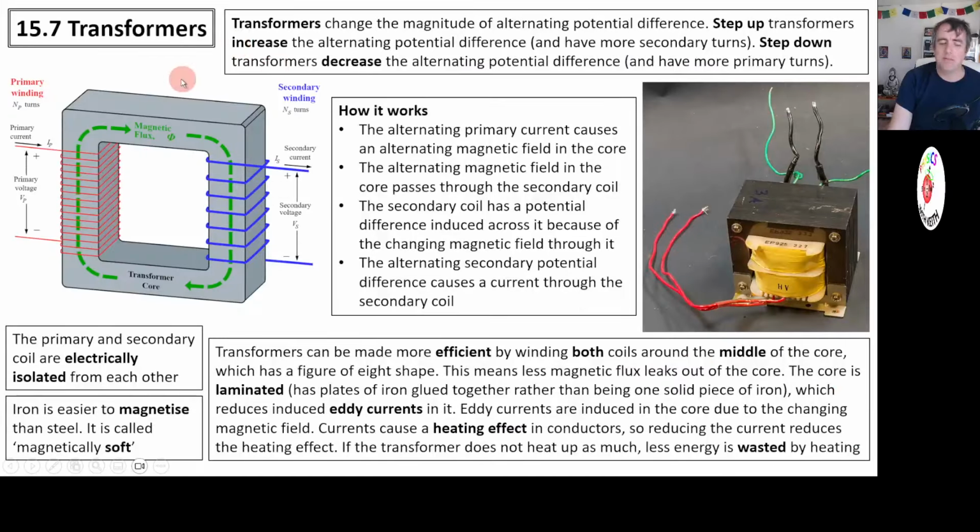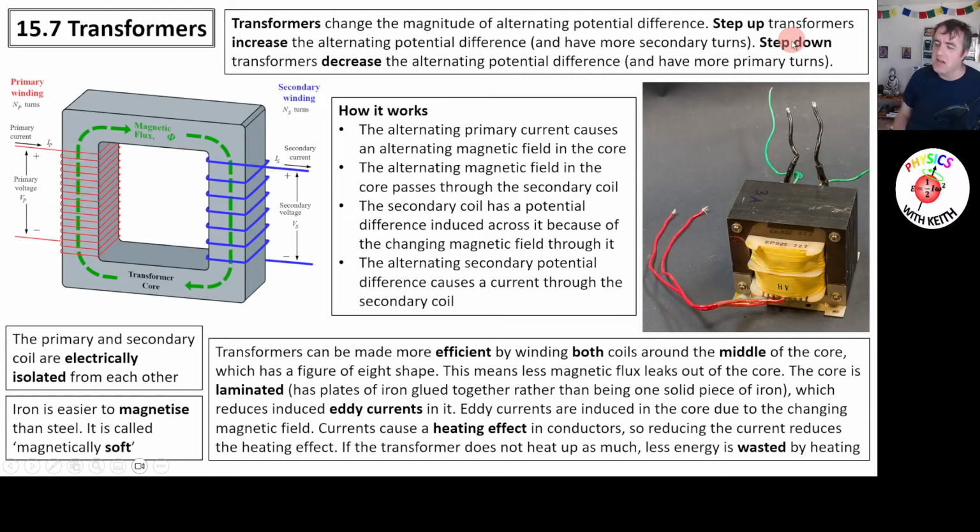It gets no easier. Lesson 95 on transformers. So we've met the idea of transformers earlier on in video 5 when we talked about their role in the national grid. And we learned back then that transformers change potential difference. They need alternating potential difference, but that doesn't matter. They can step up the potential difference, increasing it, or they can step down the potential difference, decreasing it.